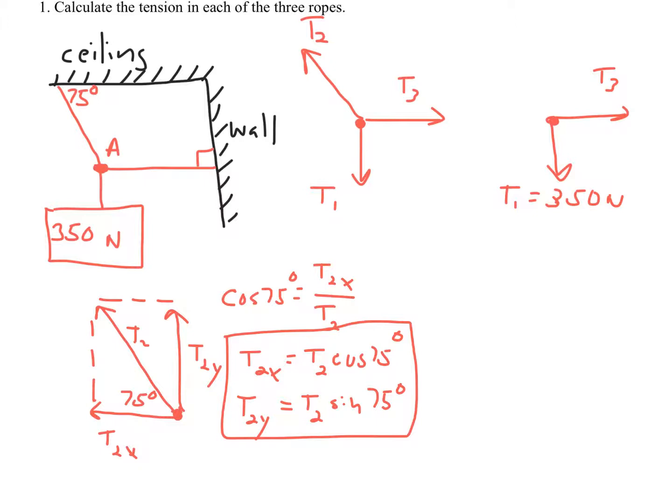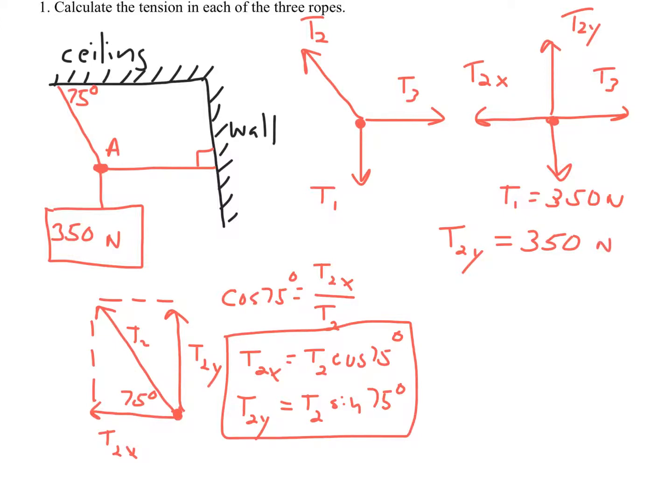And I'm going to complete my component diagram over here in the upper right. So I have my T sub 2y in the upward direction and my T sub 2x. Now once again, since this is at rest, F net is 0, what that means is that the upward T sub 2y must equal the downward T sub 1, so T sub 2y must be 350, just like T sub 1 is.